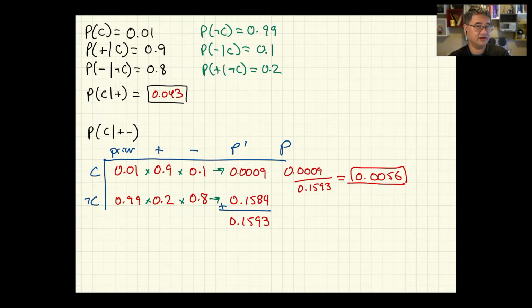Oh, and what are you finding? I might have that calculation on here still, but I'm gonna have to dig for it for a second. So the calculation we've got on the screen here is first test came back positive, second test came back negative. So we got one positive test, one negative test. And the probability is now 0.0056. So it's about 1/10, approximately 1/10 of what it was to begin with.